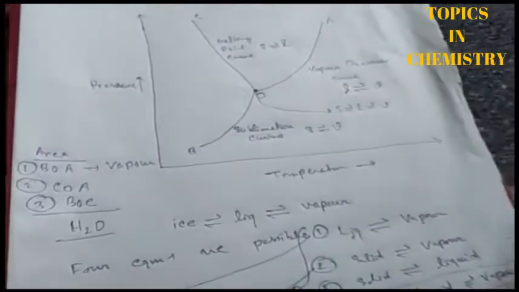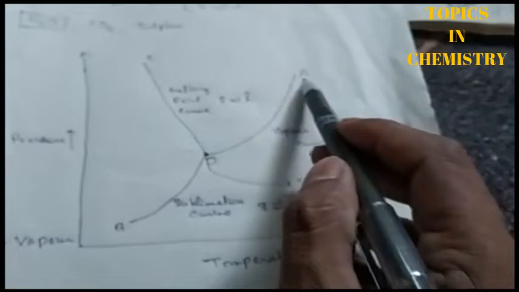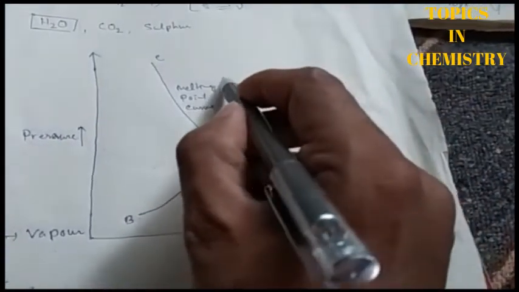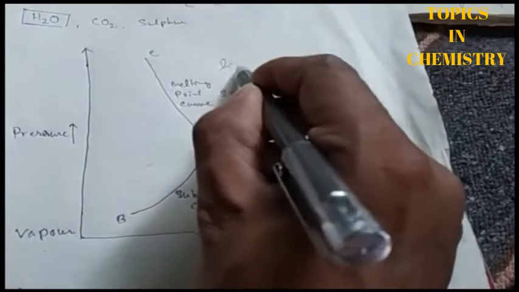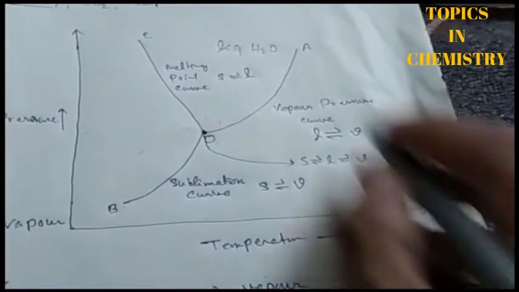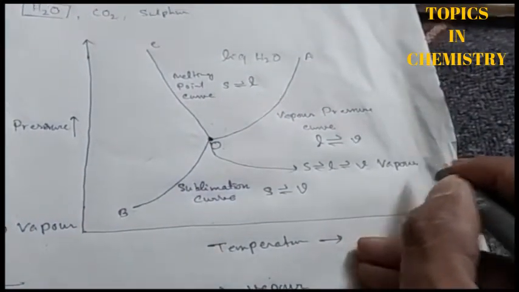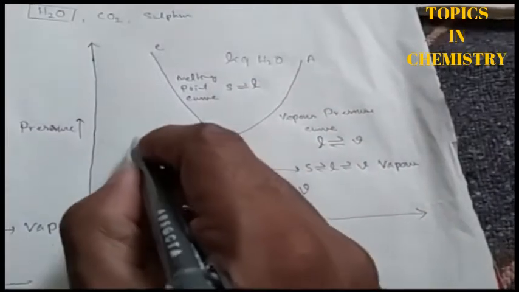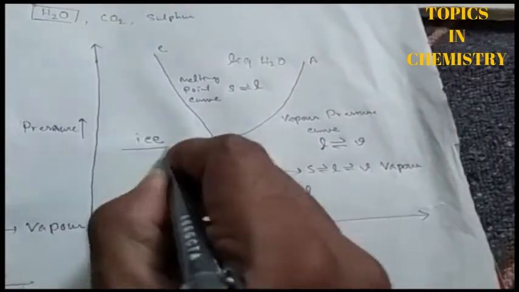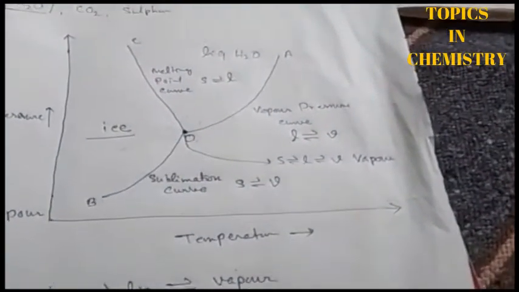Okay, and the COA area is for liquid. The CO area is for liquid water, liquid H2O, simple water. So this area is for vapor, this area for liquid water, and that is for ice. Okay, BOC area for ice.